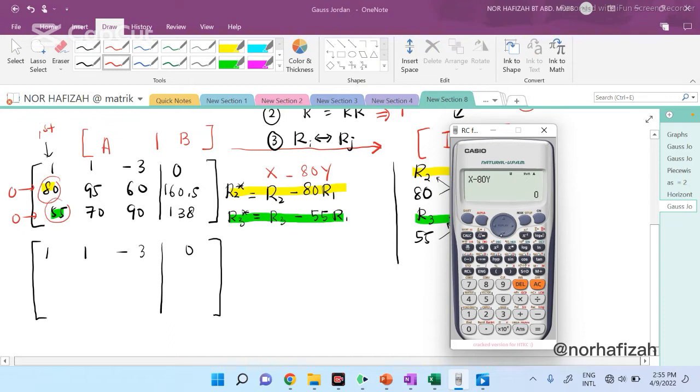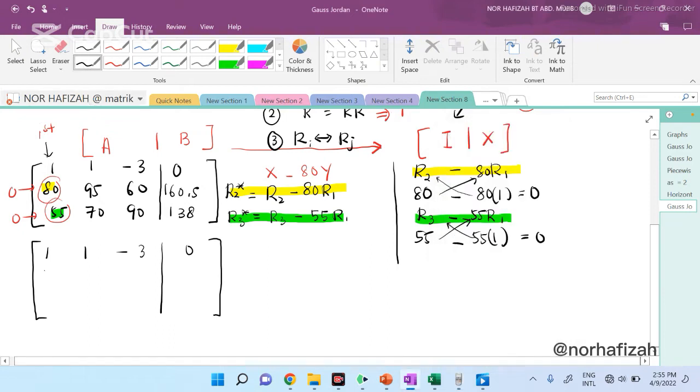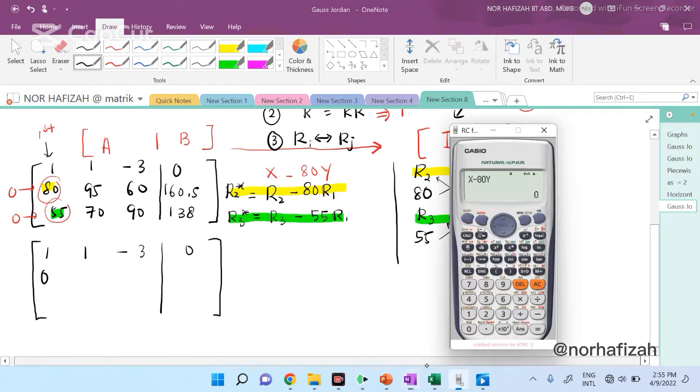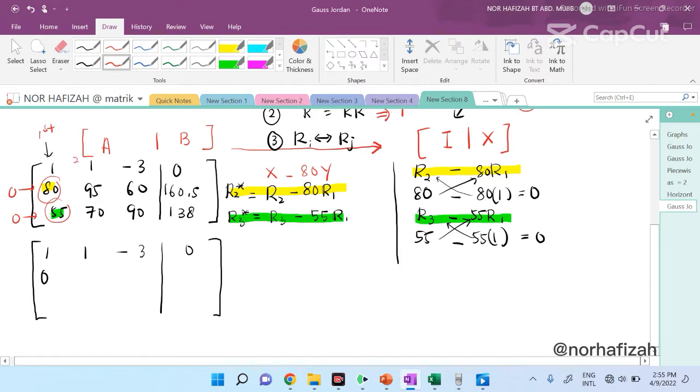Confirm that is 0, then we write 0 here. The target is to make this become 0. Then the next column, column 2, the second one: 95 and then 1.